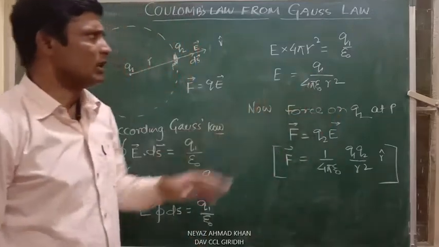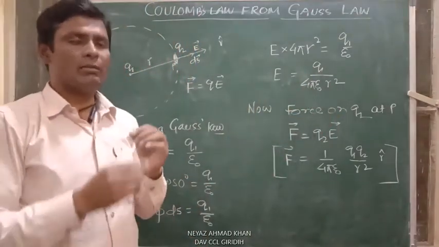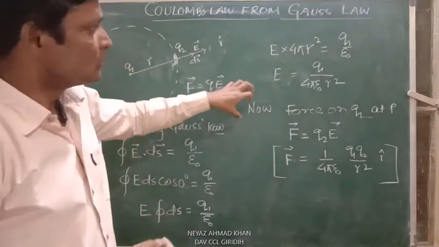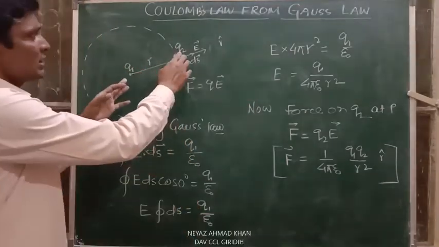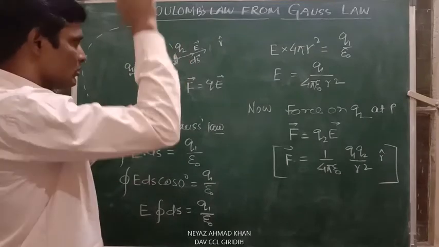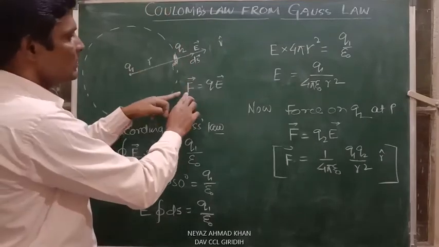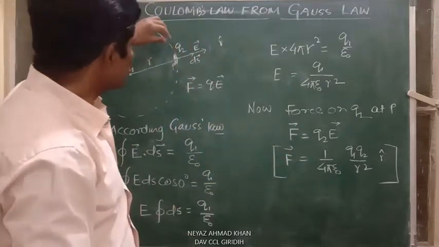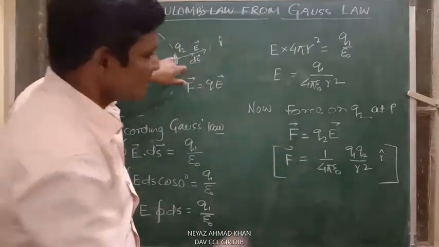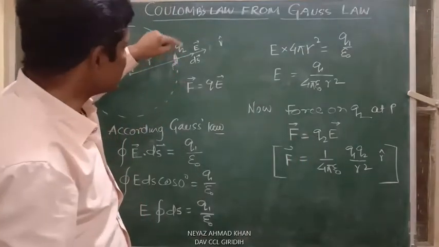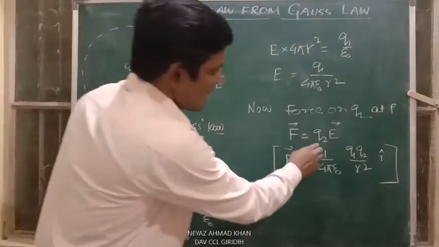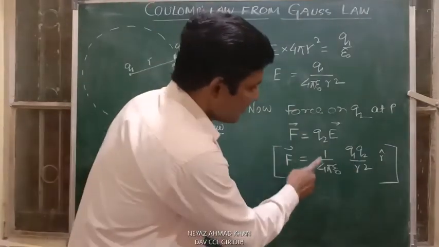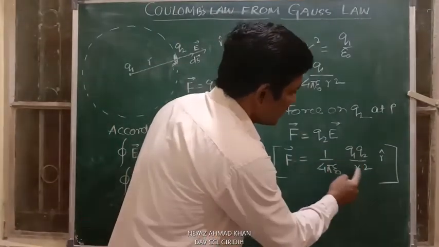It is similar to the electric field intensity determined by a point charge at a point. Now what will be the force on this charge q2? According to the definition, force will be q into E. Here the charge q is q2, and the electric field intensity is E. Finally when we put this value here, we get 1 by 4 pi epsilon naught q1 q2 divided by r square.